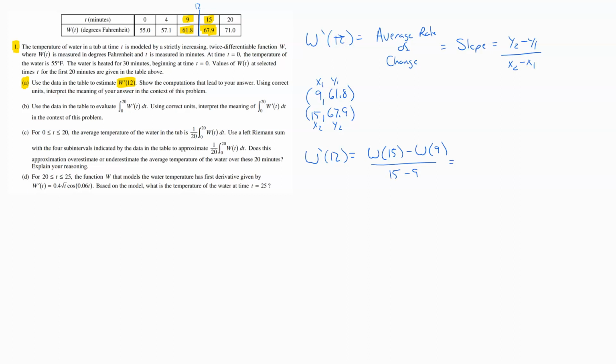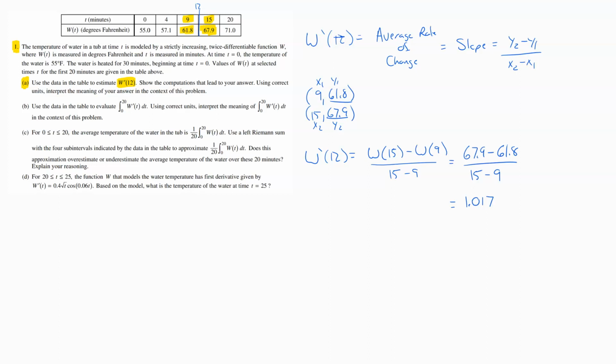So W of 15, that's our y2, would be 67.9, minus W of 9, our y1, 61.8, over x2, which is 15, minus x1, which is 9. You could plug that into your calculator. When they want you to finish up your answers, it's always going to be to 3 decimal places. So if you plug that into your calculator, you'd end up getting 1.017.